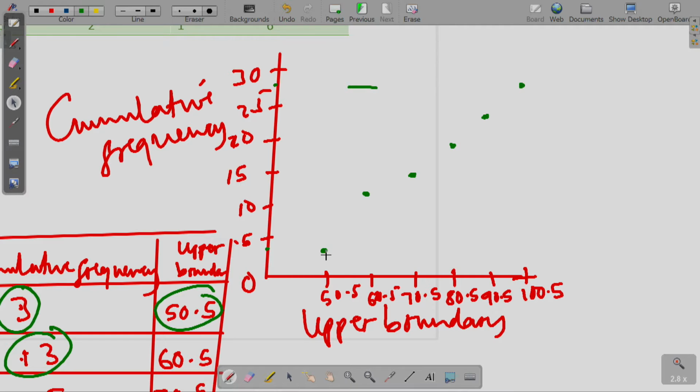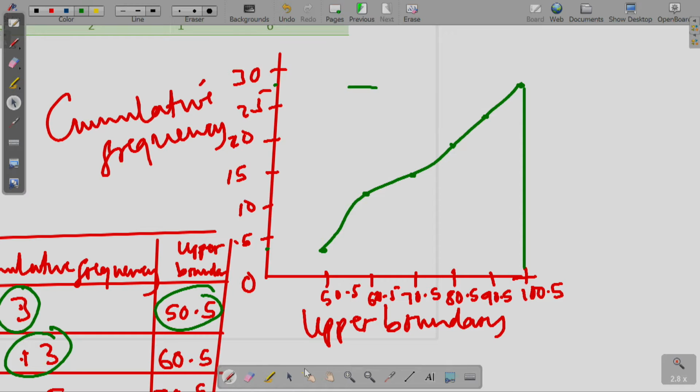Now, by using free hand, I draw my cumulative frequency curve. Here I can draw the line, but also our graph must meet this axis.